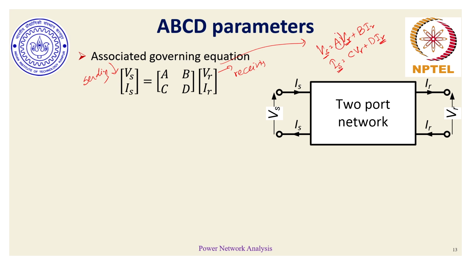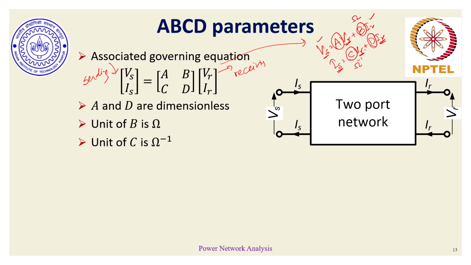So A and D are dimensionless quantities. Vs is voltage, IR is current, so B has to be impedance whose unit is ohm. Is is current, VR is voltage, so C is going to be admittance whose unit is omega inverse or Siemens. So that's how this logic comes in.